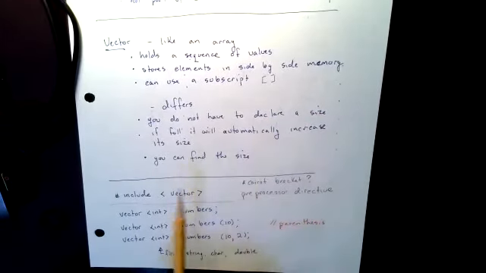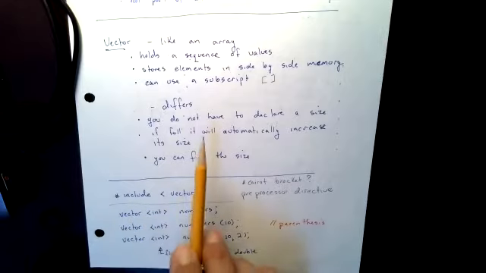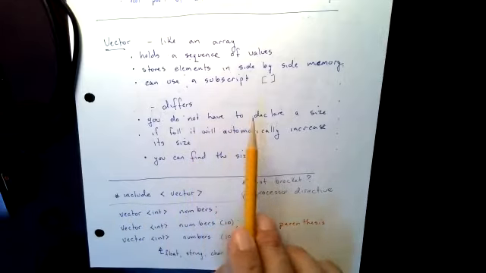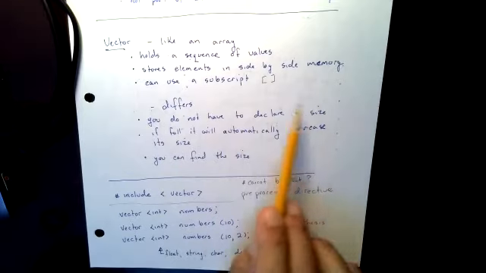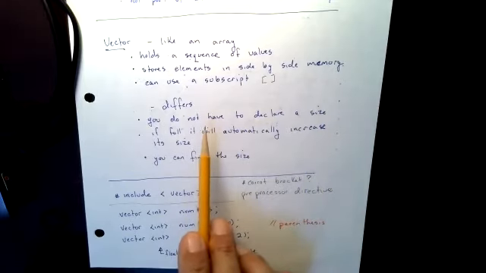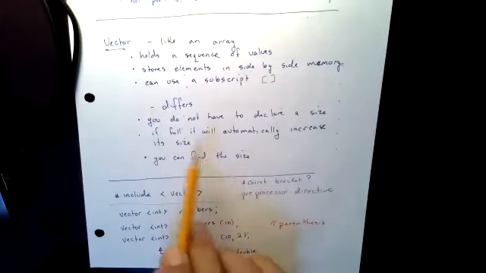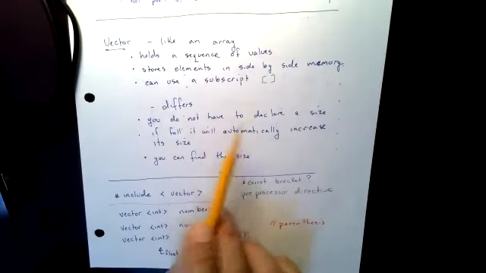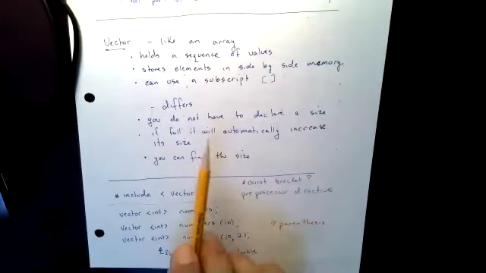Where they differ is we don't have to declare a size. We can declare a size, but that works with a certain limit, but there are times we want to add more, we want to decrease the size and free up memory. So that's the difference, is we don't have to know the size up front.